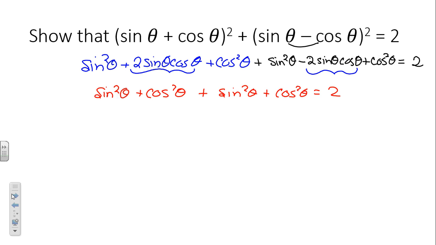So you can do this two ways. You can say, I recognize this is 1 and this is 1. So 1 plus 1 is 2. Or you could have gotten 2 of these sine squared thetas plus 2 of these cosine squared thetas and factor the 2 out.